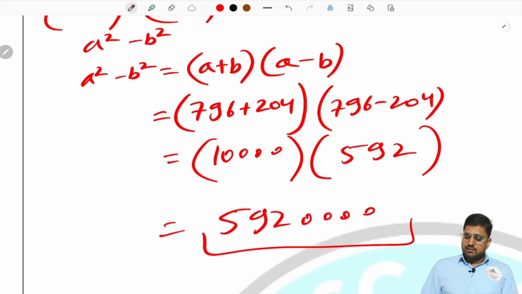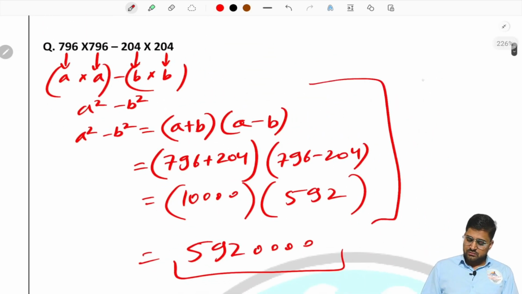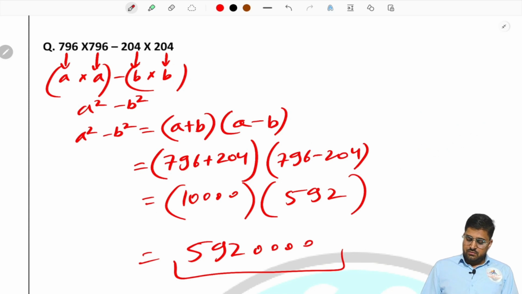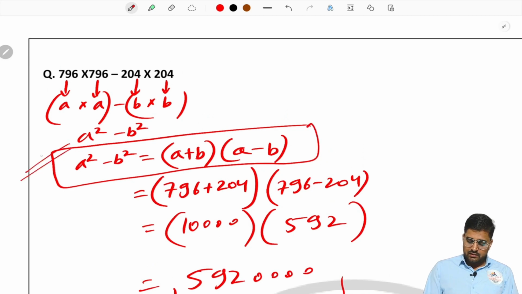So this is the answer, and you do not require this much, but you should know how the calculation works. It's for your understanding purpose only, but in reality when this kind of question comes, you know that this is the identity you have to apply.